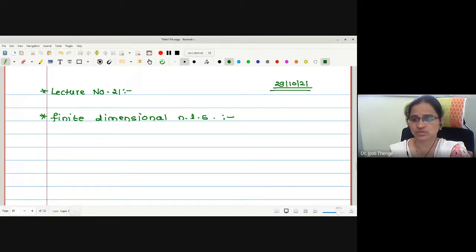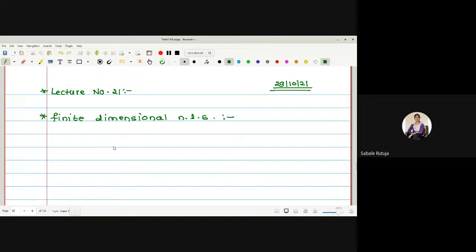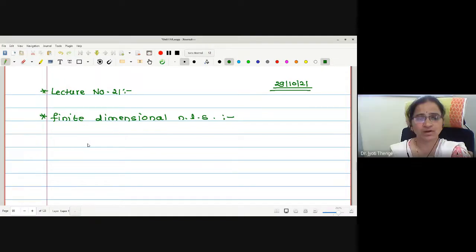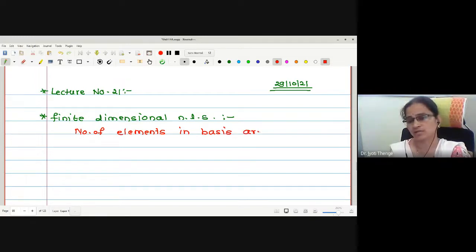What is finite dimension? How many elements are there in the basis of this kind of vector space? Finite. The number of elements in the basis is finite, right?